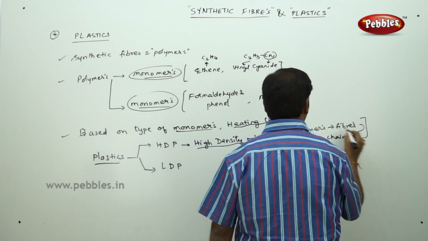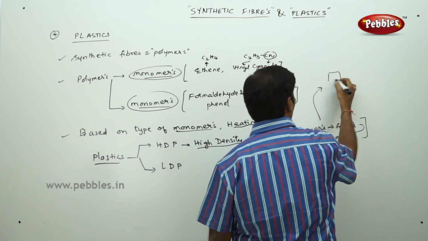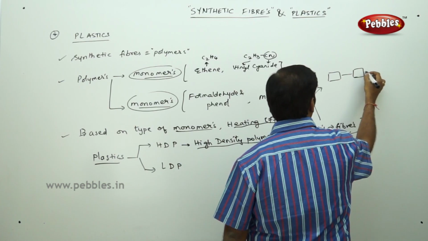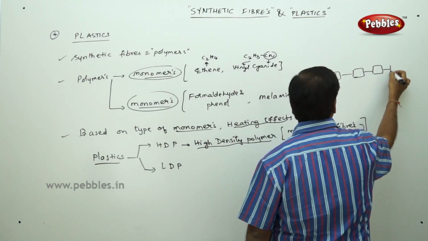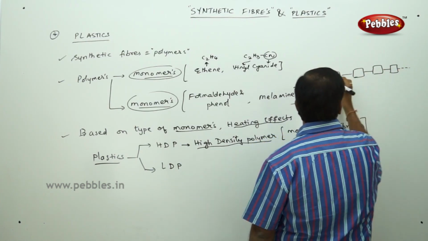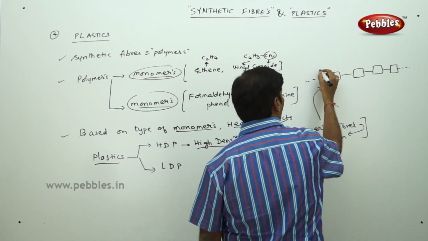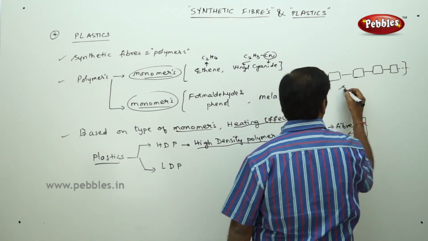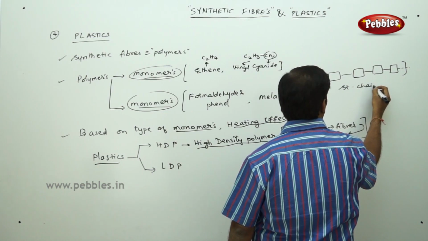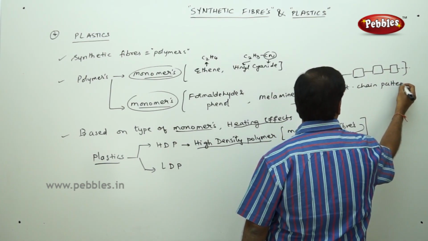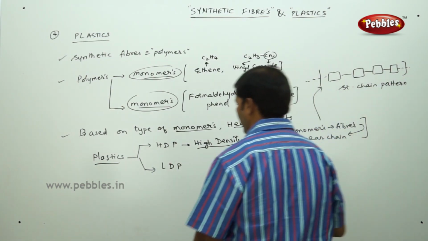If you think that these are all the monomers, the link goes like this, just a straight chain, that's it. This is called linear pattern, straight chain pattern, high density polymer.